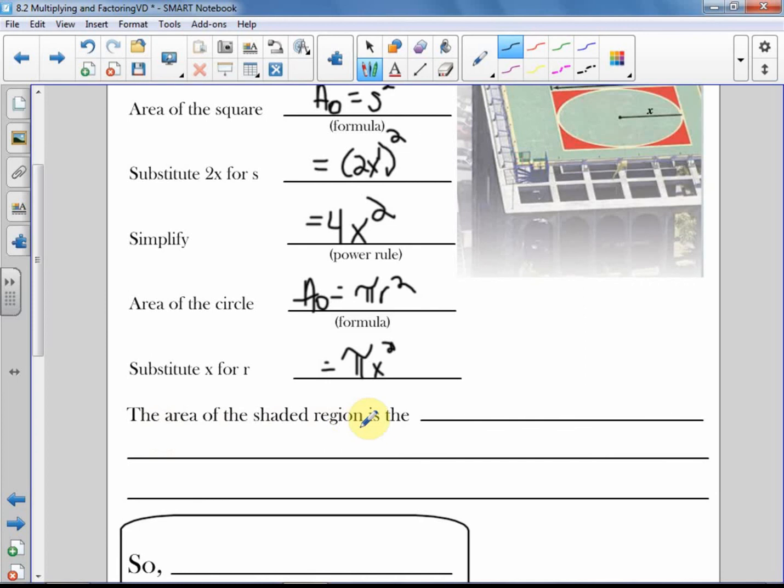So the area of the shaded region is the area of the square minus the area of the circle.